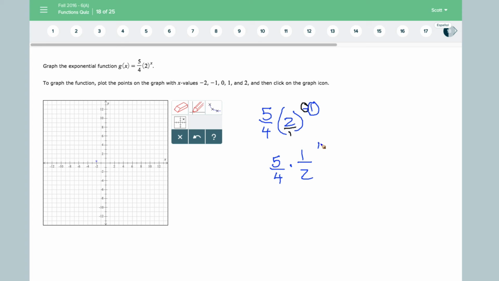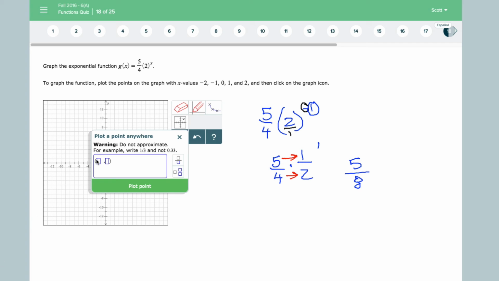But to the 1 power means that everything just stays the same. So now let's go ahead and multiply straight across. 5 times 1 is 5. 4 times 2 is 8. So when I plugged in a negative 1, I got 5 over 8.